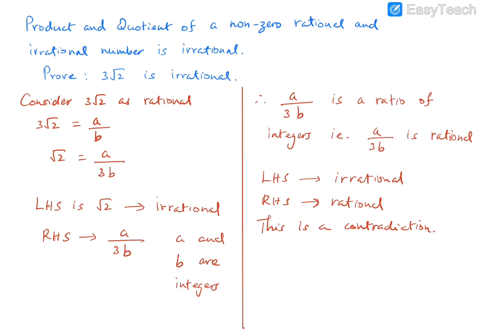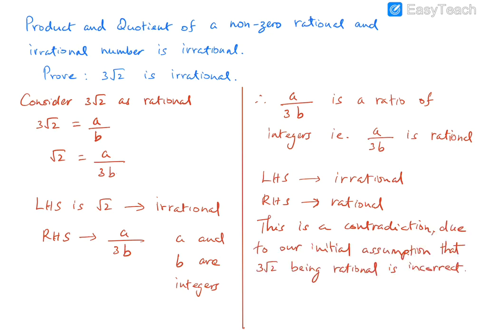Okay, so therefore our initial assumption that 3 root 2 is rational is incorrect or invalid. So we will conclude that, let me write the full statement.